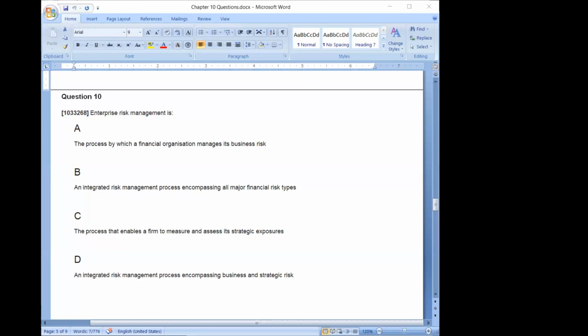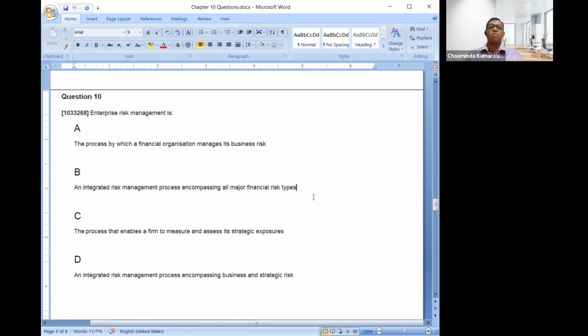If you look at this, both D and B give somewhat similar explanations, but the best one is B, an integrated risk management process encompassing all major financial risk types. So with that, we have done 10 questions of the last chapter as well.